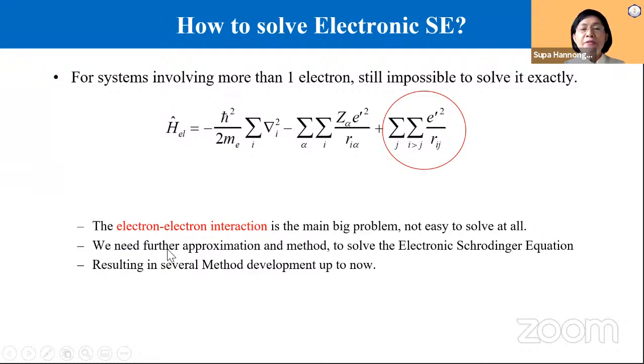However, we need further approximation and we need development of the method. Many methods try to solve the electronic Schrödinger equation. Even right now, work is still ongoing to improve the efficiency of the methods available.